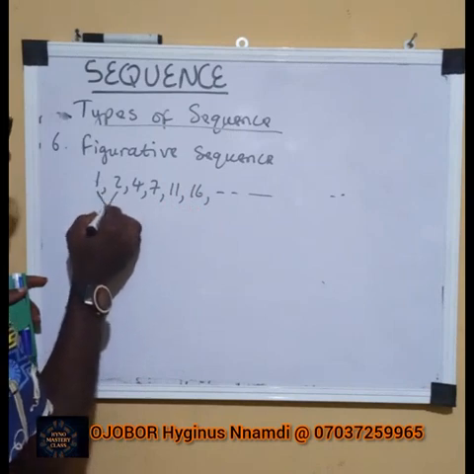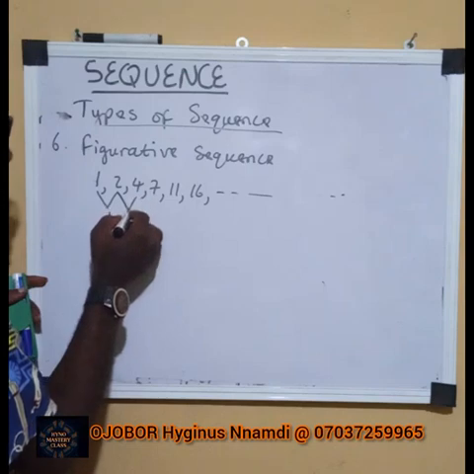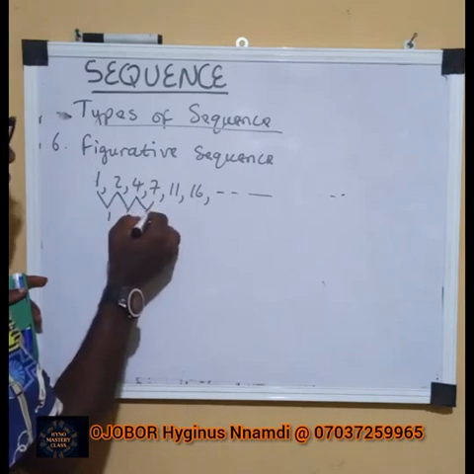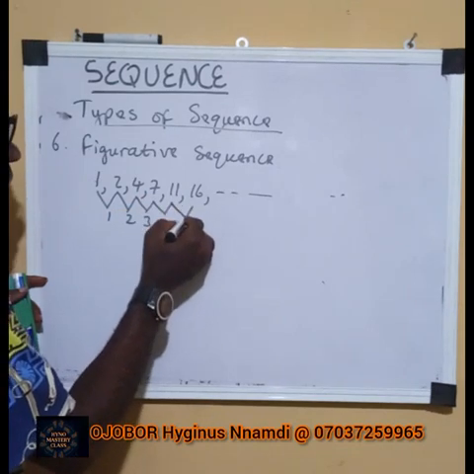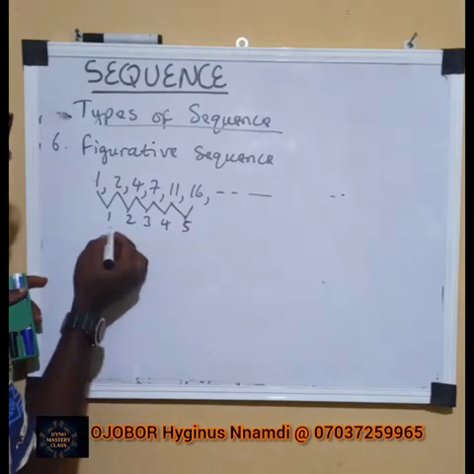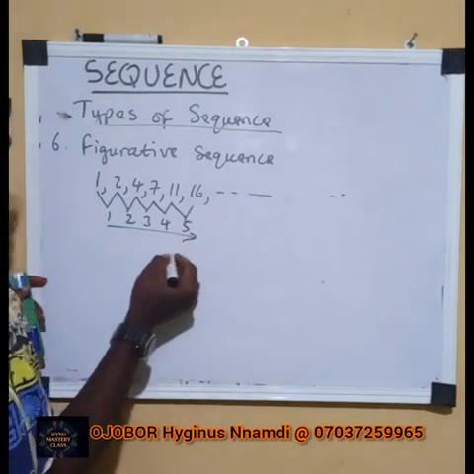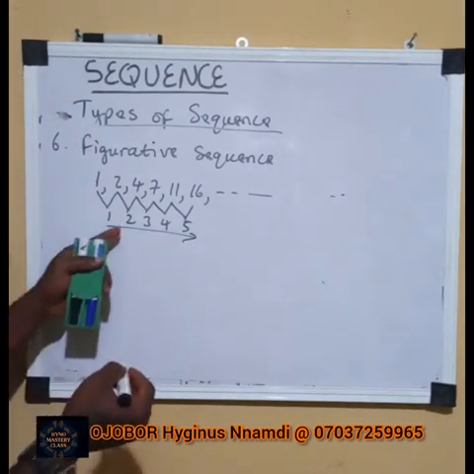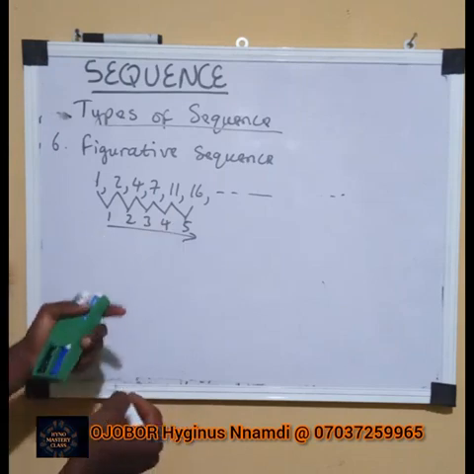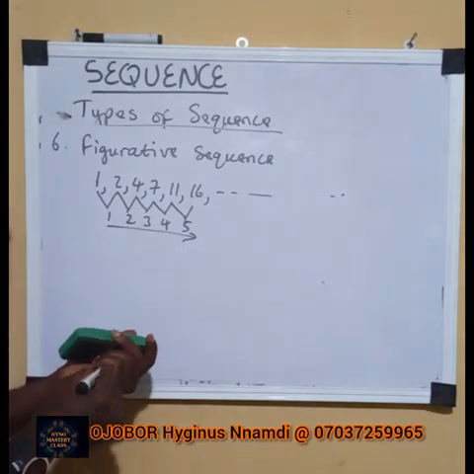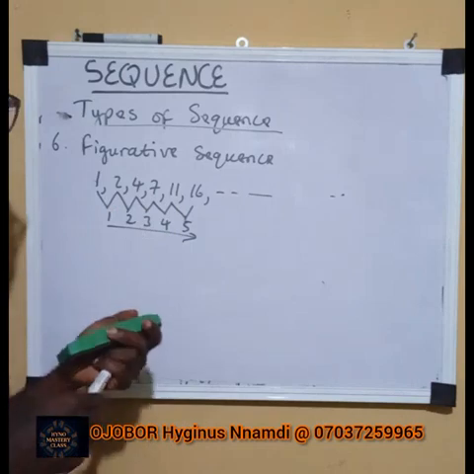If you add 1 to 1, you get 2. Add 2 to 2, you get 4. Add 3 to 4, you get 7. Add 4 to 7, you get 11. Add 5 to 11, you get 16. You see that the number increases using a linear order, which we call linear sequence. The number that we add forms a linear sequence. This is a type of figurative sequence, or a triangular sequence, as the case may be.